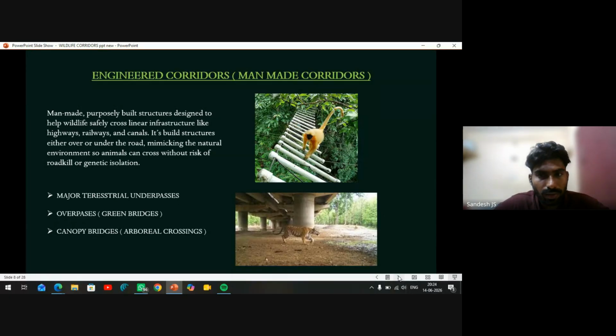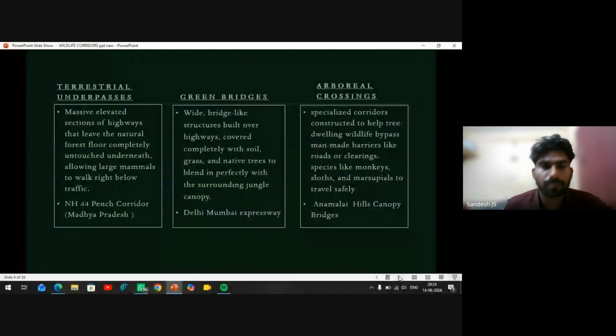So we have to mimic the exact natural environment, so animals can cross without the risk of being killed or genetic isolation. There are three major engineered corridors: terrestrial underpasses, overpasses or green bridges, and canopy bridges or aerial crossings. We will discuss all of these in the next slide.